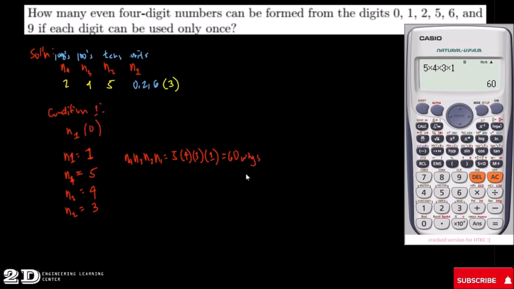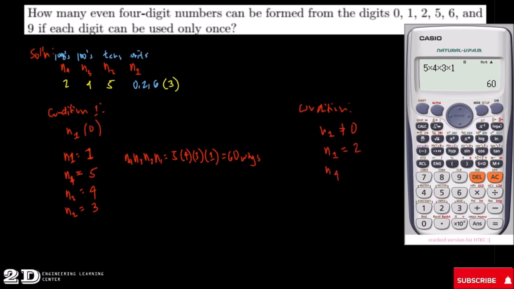So that is for the first condition. Now for condition number 2, our N1 is not equal to 0. So we could use only 2 and 6. So for N1, we have 2 possible choices.